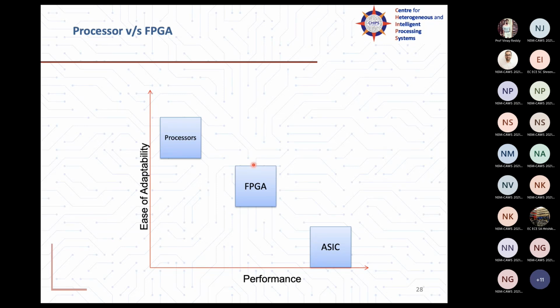You're not as good as ASICs because you don't have dedicated hardware, you have programmable hardware, but you're better in performance as compared to processors, and you are not as easy to program as processors, but definitely easier than using ASICs. So we do see a performance gap of about 5x in terms of speed, area, and power as compared to ASICs, but we are definitely better in terms of area, speed, and power as compared to processors.